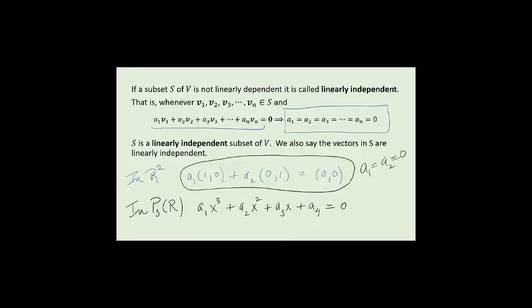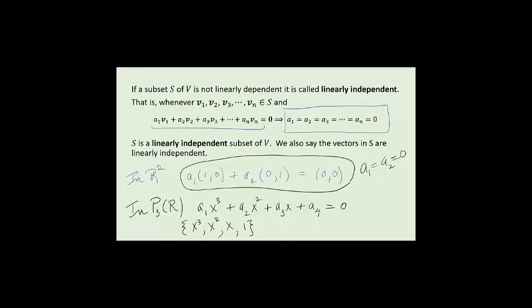Another example, in the set of polynomials of degree less than or equal to 3, P3(R), the vectors, I'll put them in braces here, x cubed, x squared, x, and 1. That is a linearly independent set.